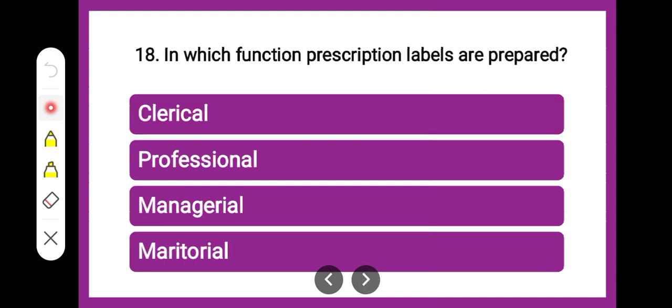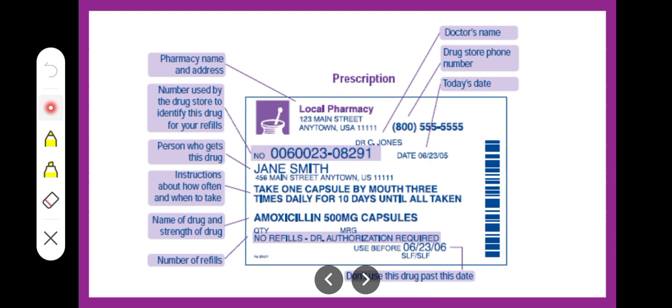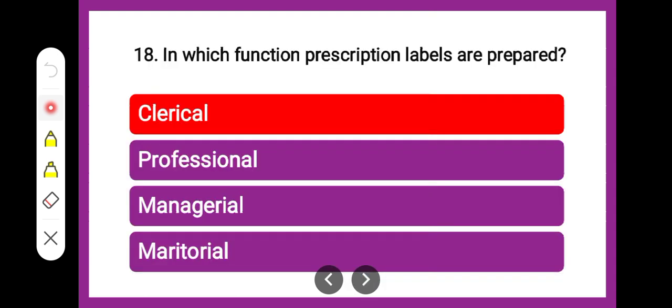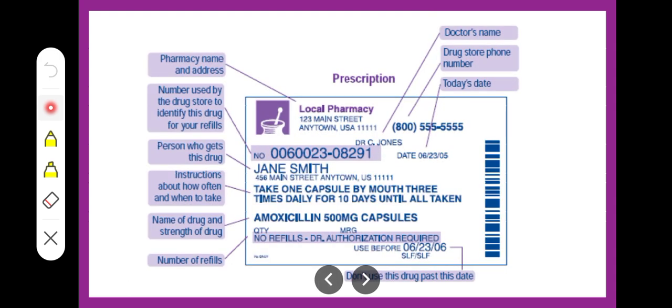Next question is, in which function are prescription labels prepared? Whether clerical function, professional function, managerial function, or merchandising functions, which amongst the given is correct for the prescription labels? Okay, the correct answer, if you talk about it, is clerical function. Prescription labels are prepared by clerical staff.